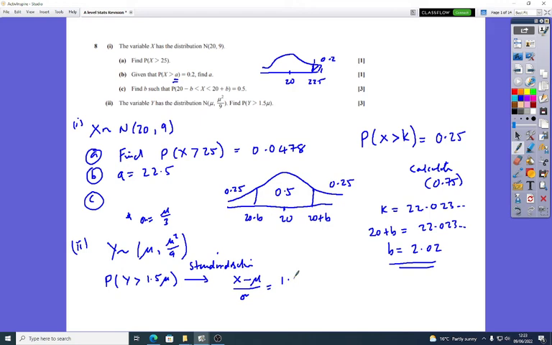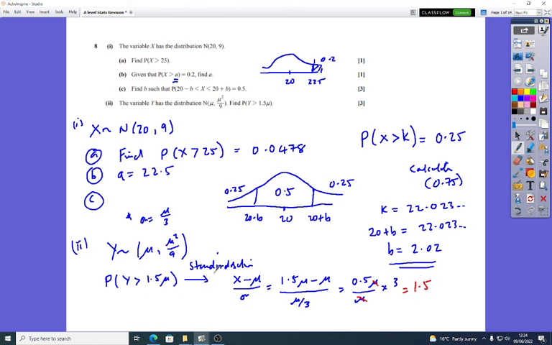In this case x is 1.5 mu, then we take away the mu, which is the mean, and we divide by a third of mu. That gives me 0.5 mu over mu over 3. The divide by 3 I'm going to take to the top, and note the mu's will cancel here, and 0.5 times 3 is 1.5.